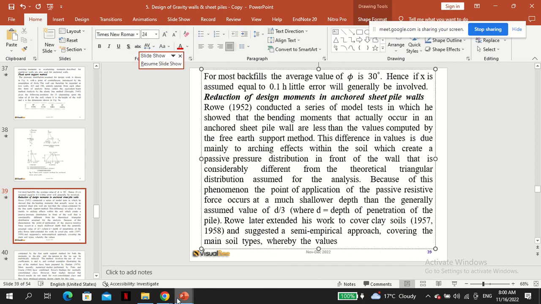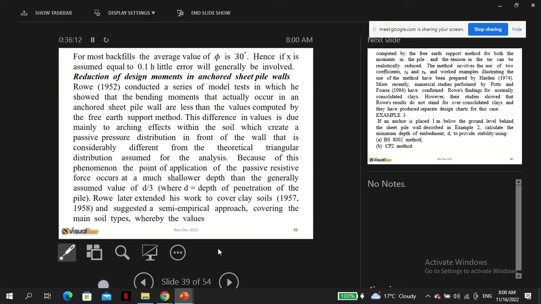So for that reason, the moments in reality are much lower. So here, the point of application of passive resistive force occurs at a much shallower depth than the assumed value of d over 3, where d is the depth of penetration of the pile.